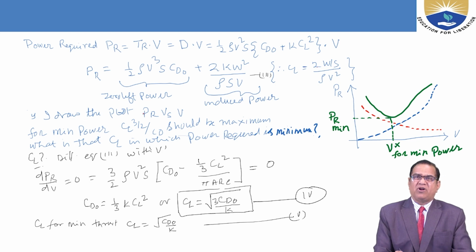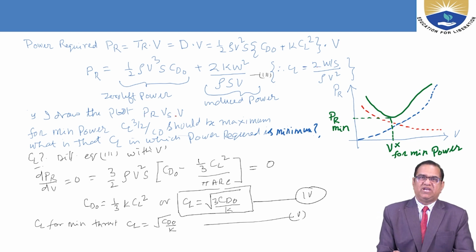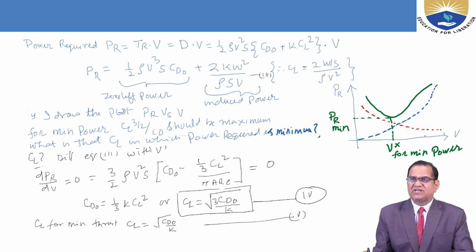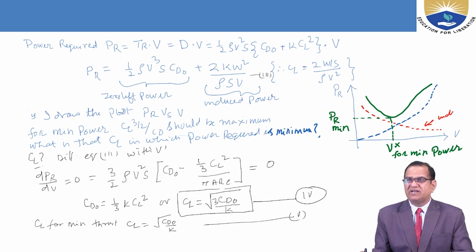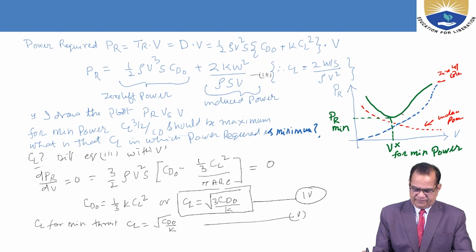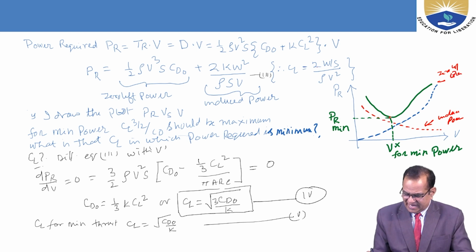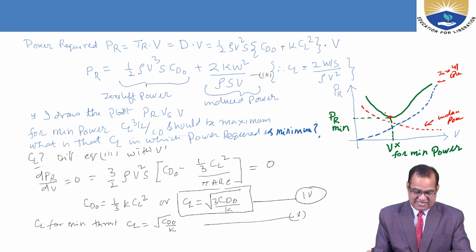If I draw the plot PR versus V, this is the induced power and this is the zero lift power. Okay, so if you see here, at this point it is shifting towards the right.